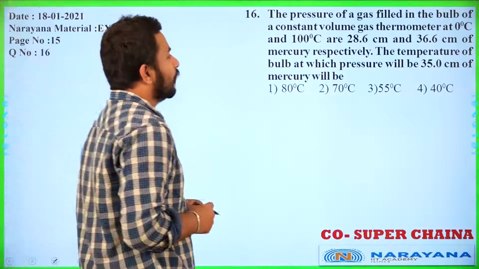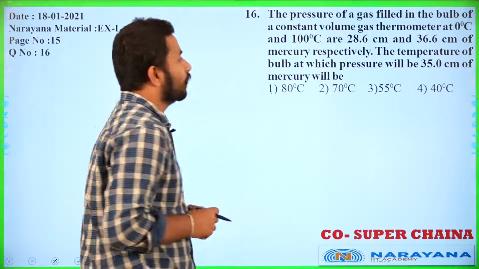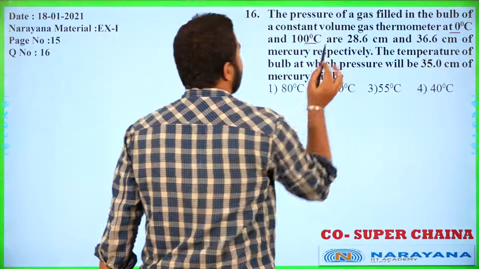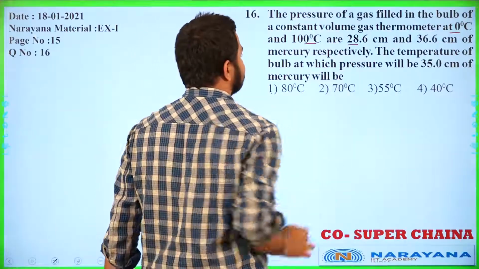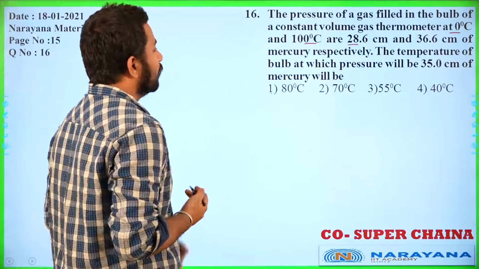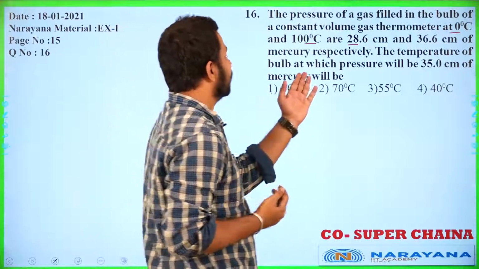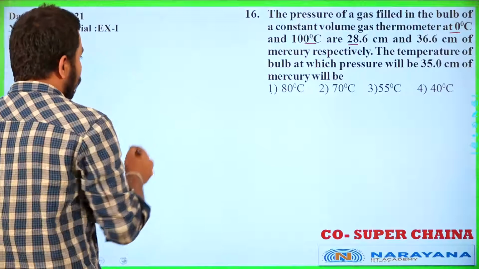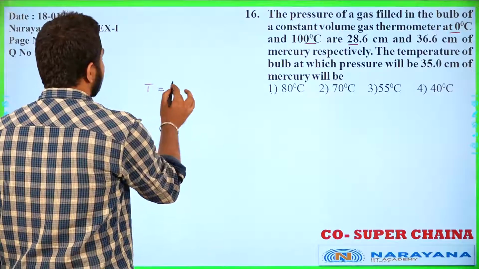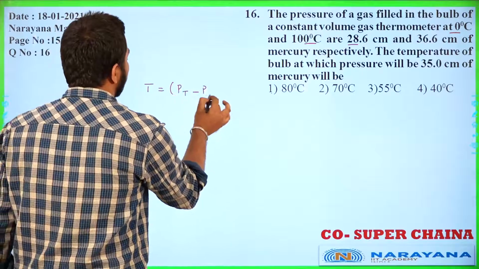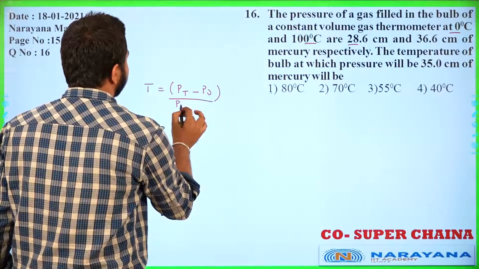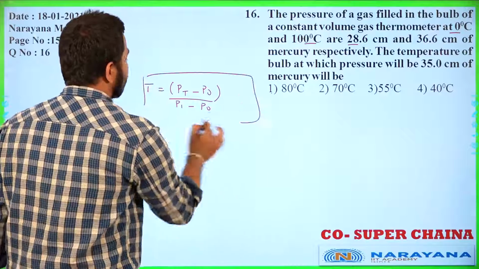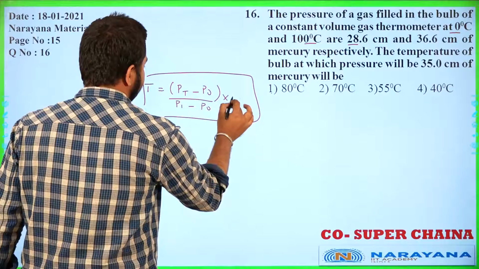The pressure of a gas filled in a bulb of a constant volume gas thermometer at 0 degree and 100 degree are given. You have to find, student, what will be the temperature of the bulb when the pressure is 35 centimeter. So we know that T can be written as (Pt minus P0) by (P100 minus P0) into 100.